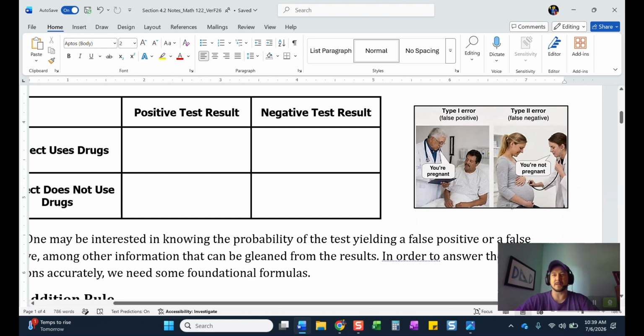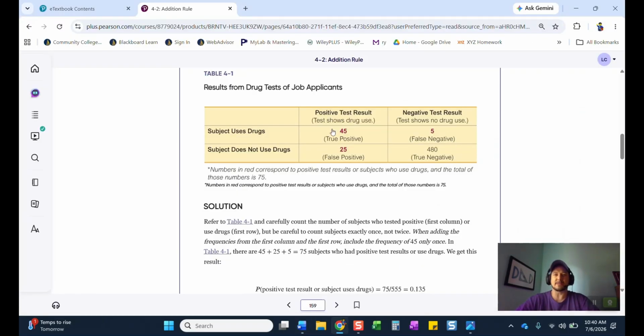Okay, so positive means pregnant, negative means not pregnant. And so if it's false that you're pregnant, then that is a false positive. And if it's false that you're not pregnant, that's a false negative. So that's what I'm going to be using to explain the concept here.